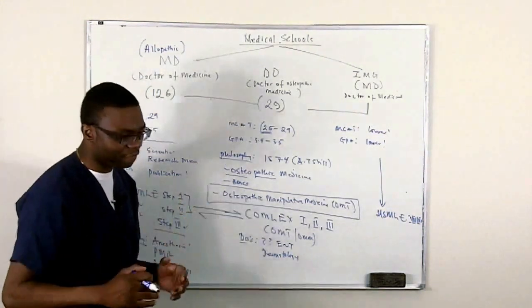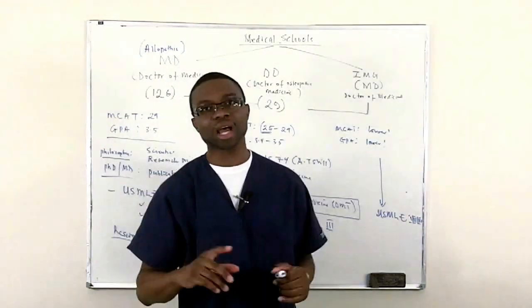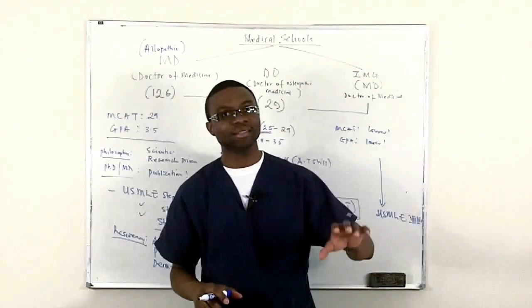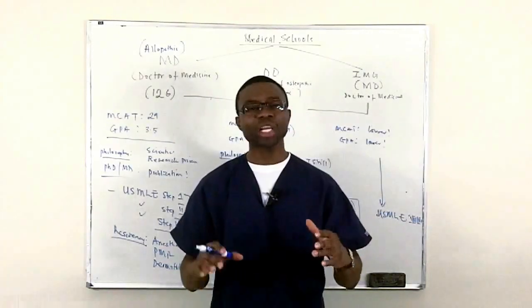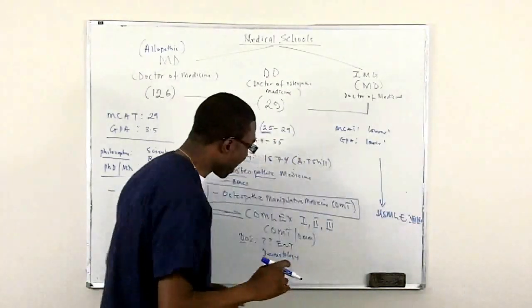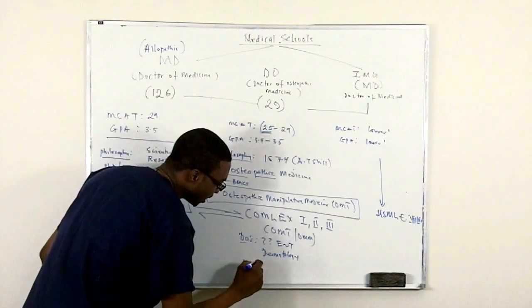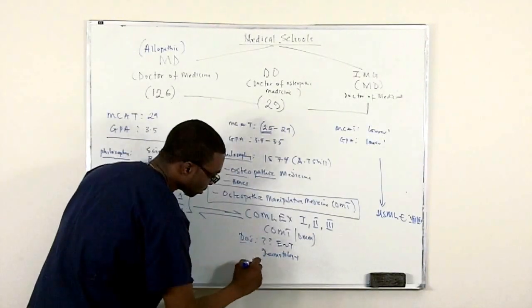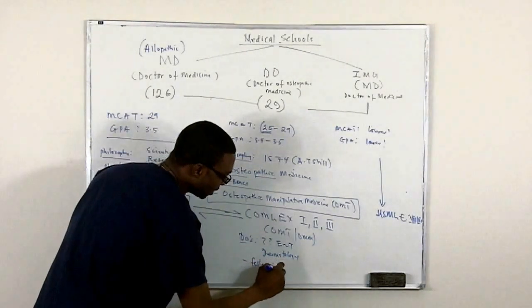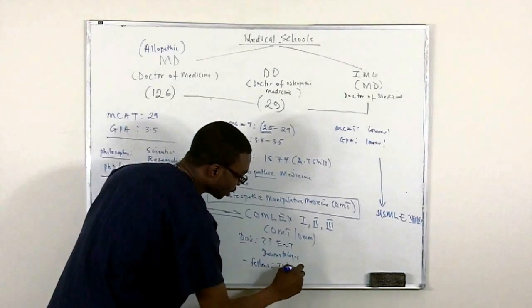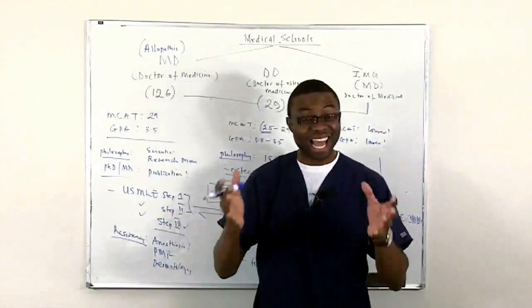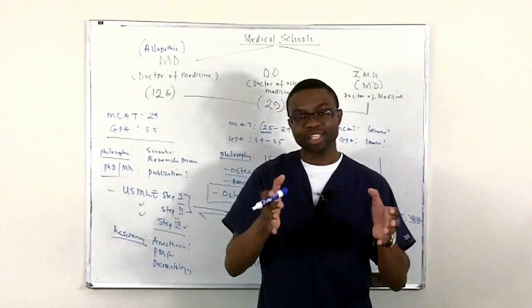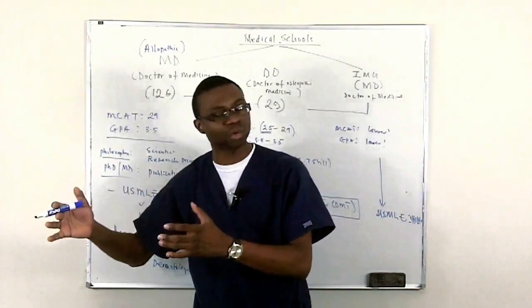Okay? Now let's talk about fellowships. Remember I told you an internal medicine doctor can specialize in cardiology, GI, endocrine. When it comes to fellowships, there are some, like infectious disease and cardiology fellowships for DOs, but there are not a lot of fellowships in the DO world compared to the MD world.